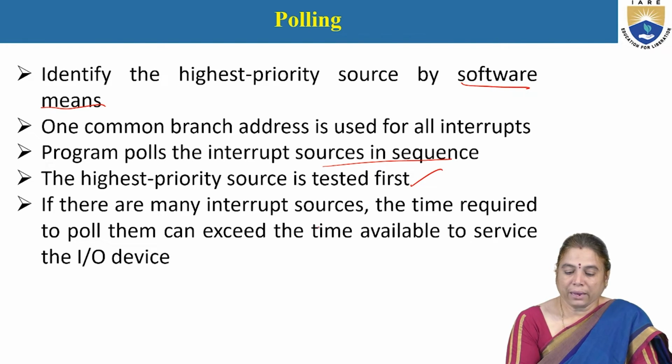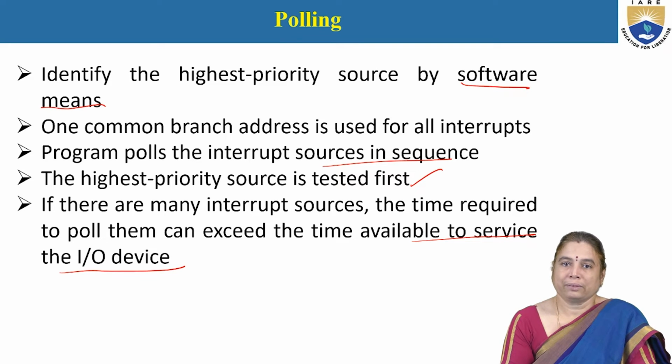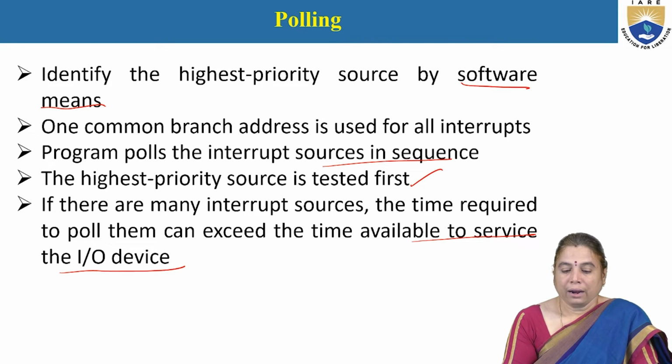If there are many interrupt sources, the time required to poll them can exceed the time available to service the I/O device. Multiple interrupts can be raised simultaneously by the devices. With the help of the polling software, the computer can decide which device is polled first, depending upon the time the interrupt is placed. And also, the polling program can poll the interrupt sources in a sequence.